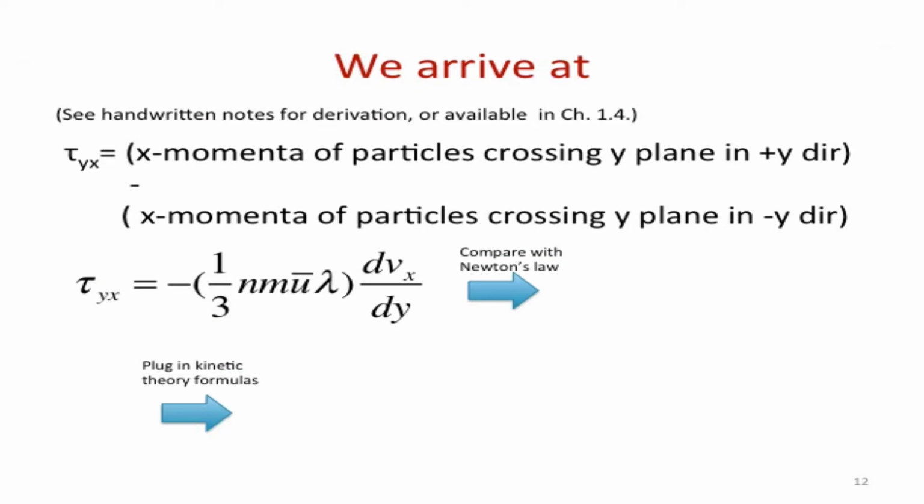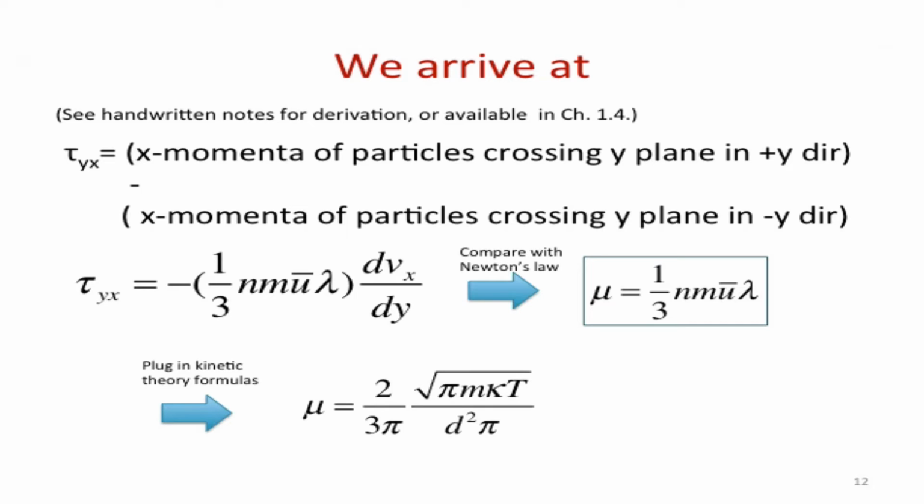So when we actually work out all of the details, and that's simple algebra, you will get 1/3 times n times m times u average times lambda. So that means that my viscosity is 1/3 of n times m times u average times lambda.